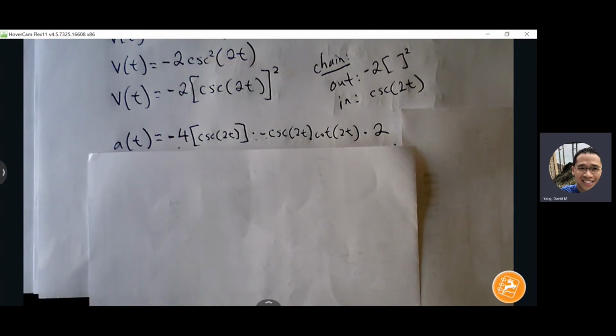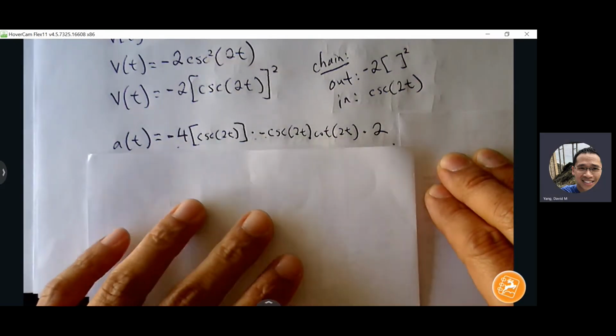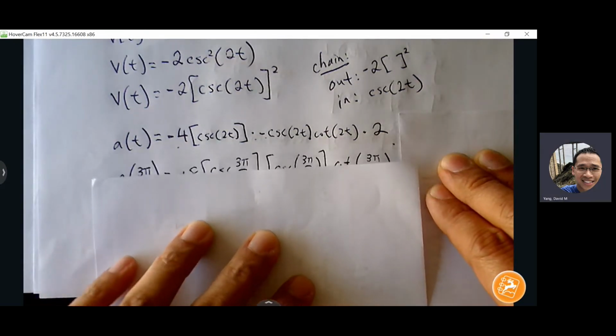Okay, if I put all the coefficients together, I can put the negative 4, the negative 1, and the 2 all together out in front. I can make that cosecant 2t quantity squared. And once I have my acceleration cleaned up, I can move towards evaluating my acceleration at 3 pi over 4.